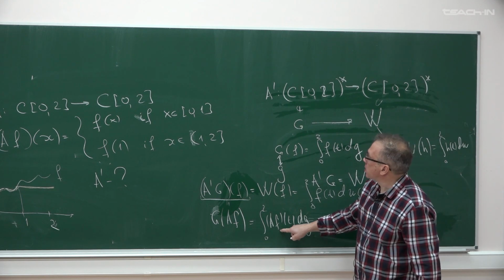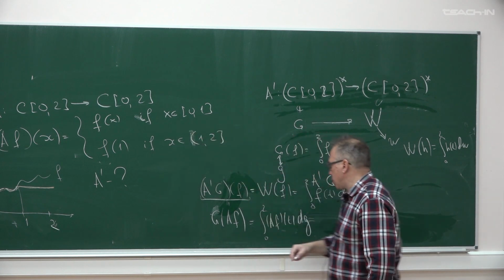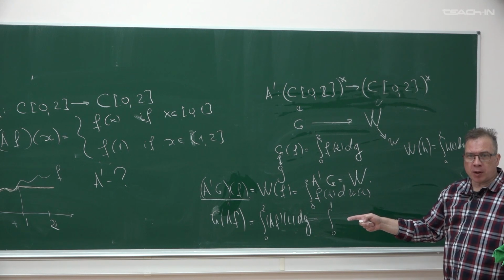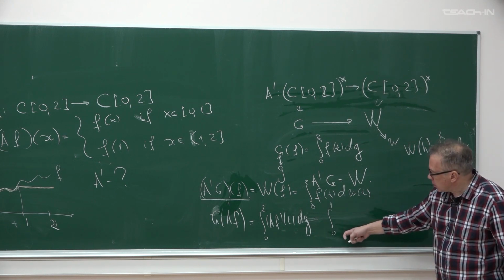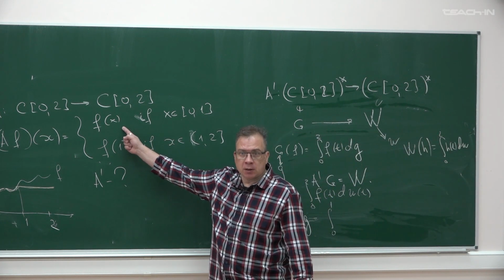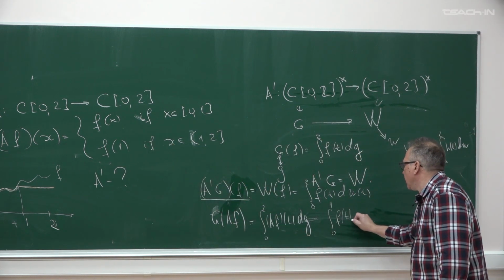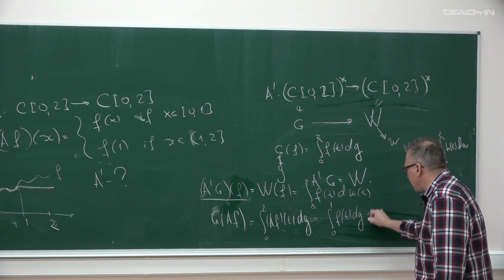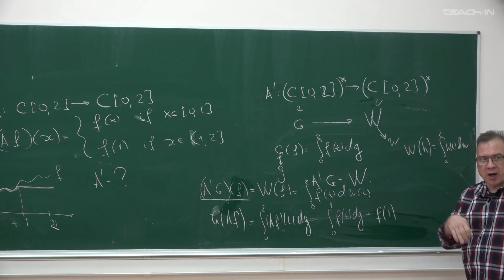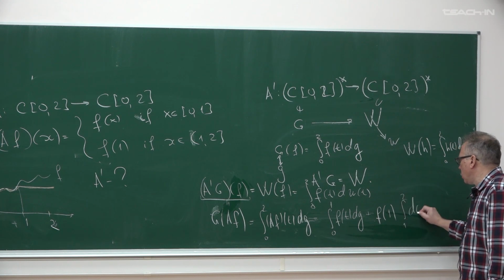But we know what Af looks like by this rule, so you can divide the integral into two parts. On the interval from 0 to 1, it acts as the identity, so we write the integral of f(t) dg, plus f(1), which is constant, so I take it outside the integral and write the integral from 0 to 1 of dg.